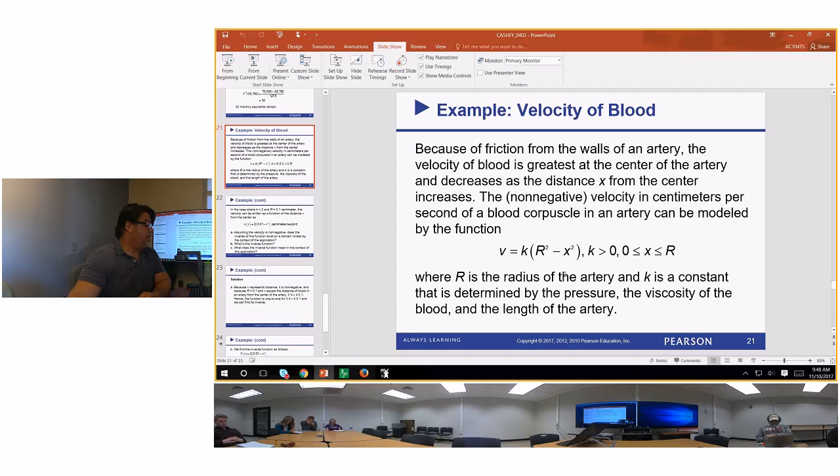R is the radius of the artery and K is the constant determined by the pressure, the viscosity of the blood, and the length of the artery.